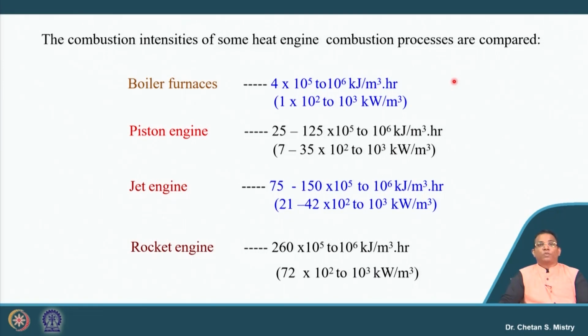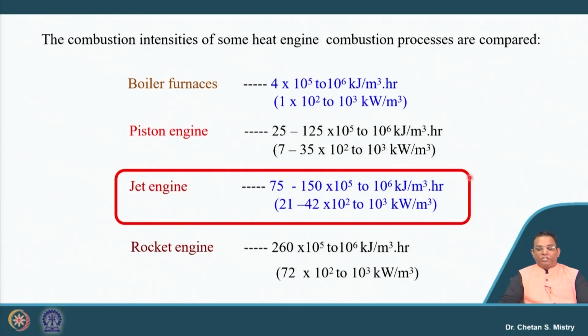This represents the combustion intensities for different kinds of heat engines and their combustion processes, say for boiler furnace, piston engine, jet engine, and rocket engine. We are at this moment discussing the jet engine.